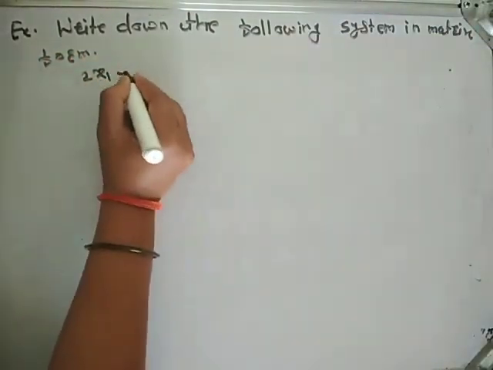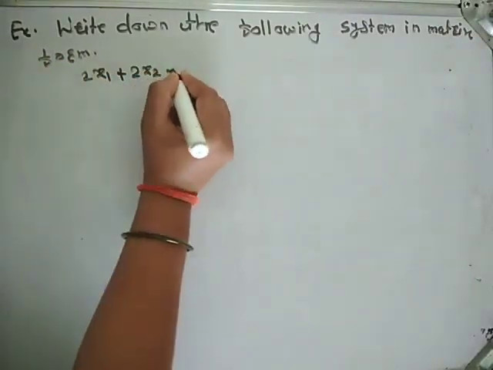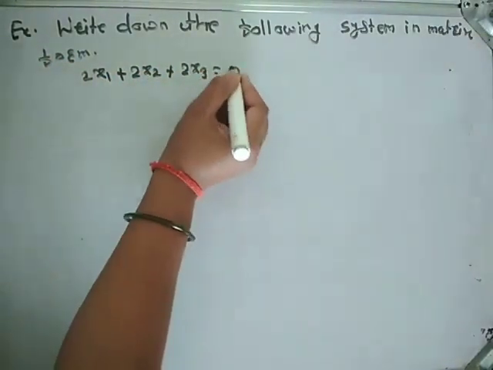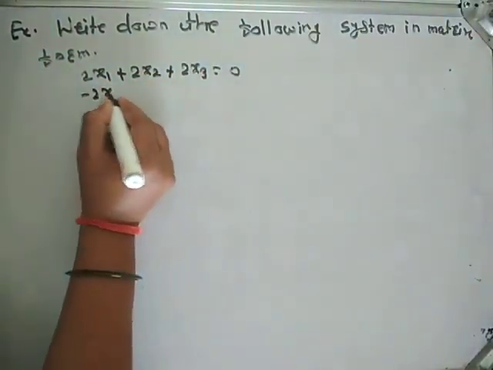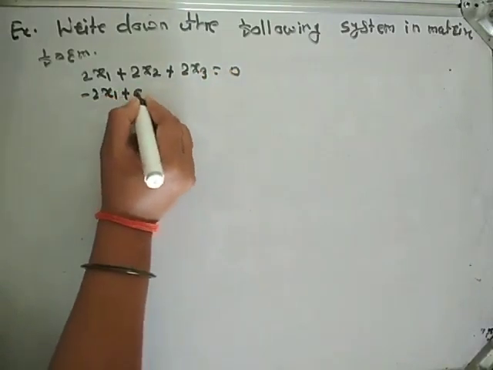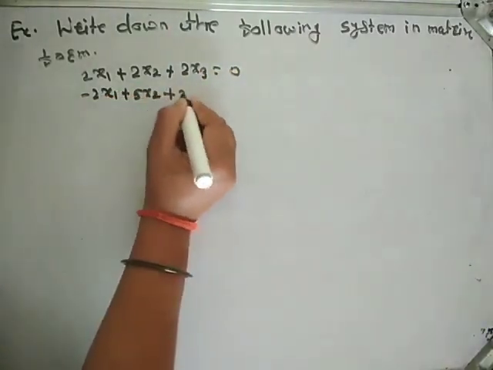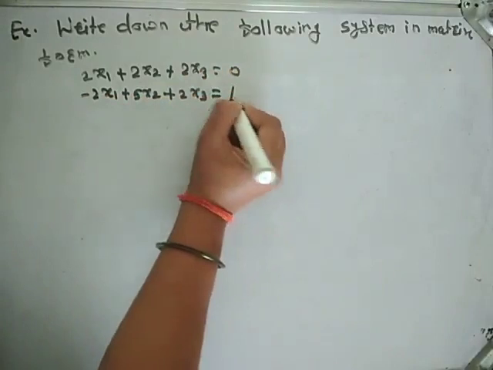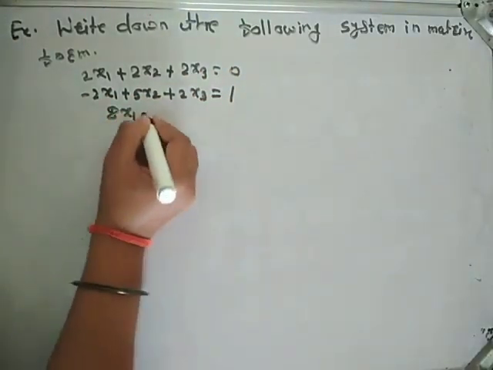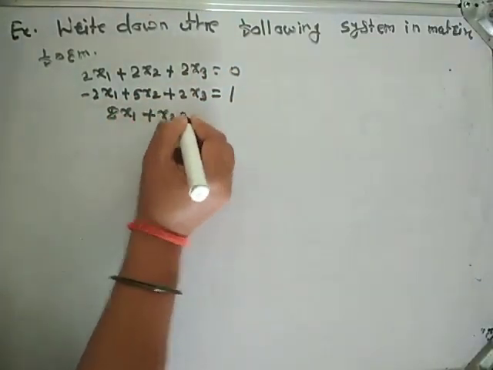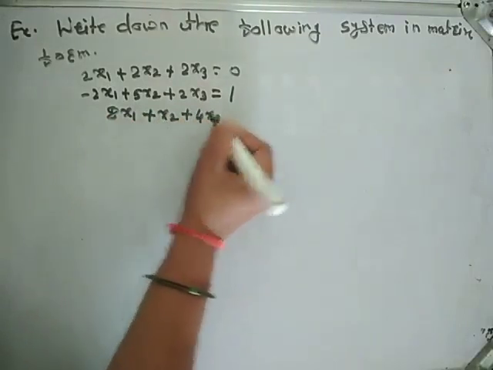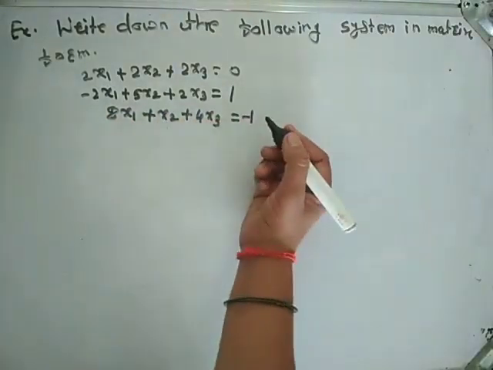System is 2x1 plus 2x2 plus 2x3 is equals to 0, minus 2x1 plus 5x2 plus 2x3 is equals to 1, 8x1 plus x2 plus 4x3 is equals to minus 1.